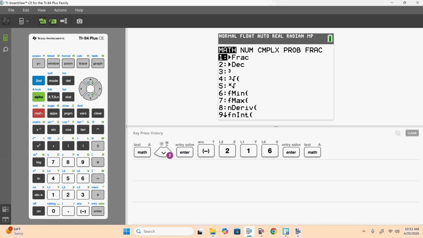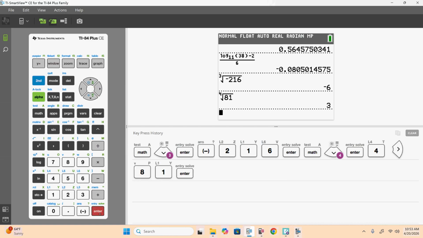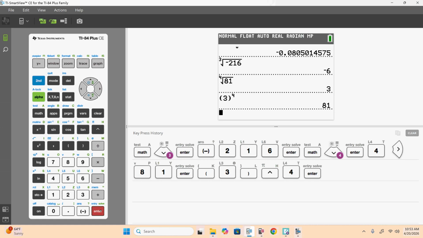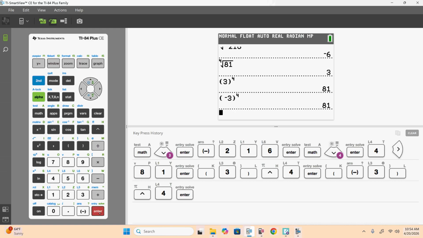On the graphing calculator? Math, if you notice the one underneath the cubed root is x root, where x is just whatever number we want it to be. And then 3 to the fourth is indeed 81. Now it's saying that it's also negative 3. I did it the way you did it, but mine's coming out different.